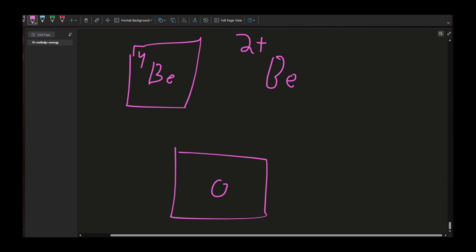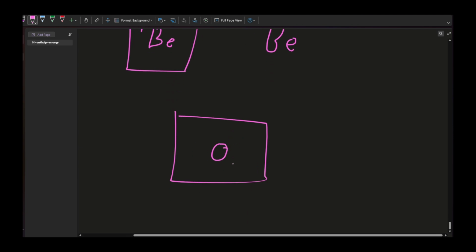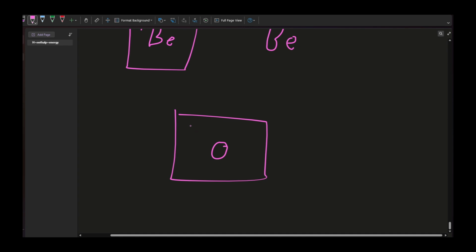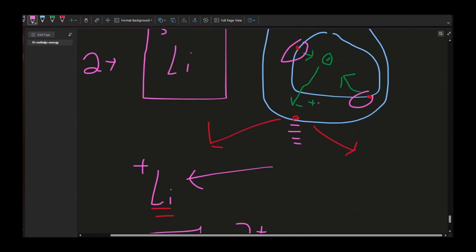This can also exist in another way where, let's say, oxygen exists. Oh, that's a terrible one. I'm so sorry. Oxygen is 8 protons. So this means it has a +8 charge in the nucleus. Now, just like every other atom, it's going to have 2 core electrons.